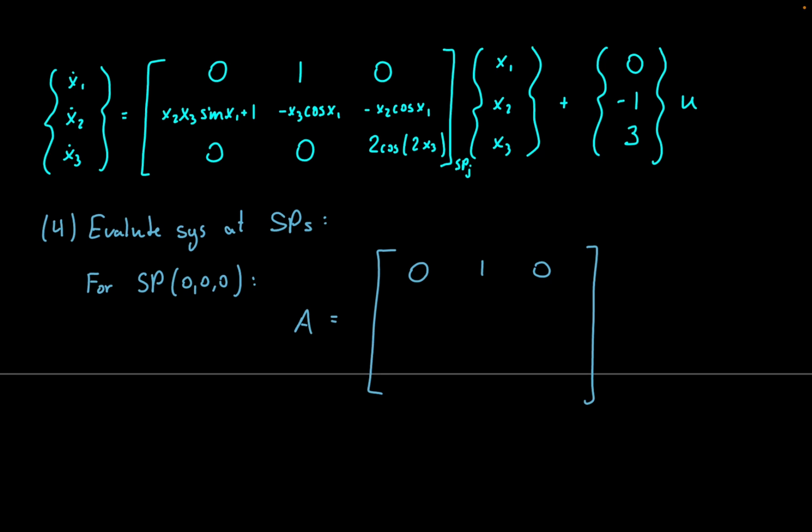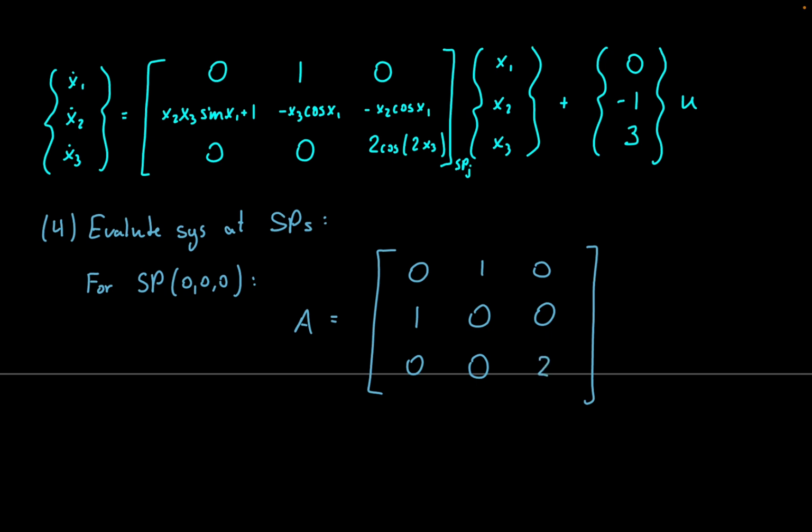So 0 plus 1 leaves us with 1. For these two, x3 is 0, so that's multiplied by 0, and x2 is also 0, so we just have 0, 0 here. In the third row, we'll have 0, 0, and then x3 is 0, so cosine of 0 is 1, 1 times 2, so we're left with 2.